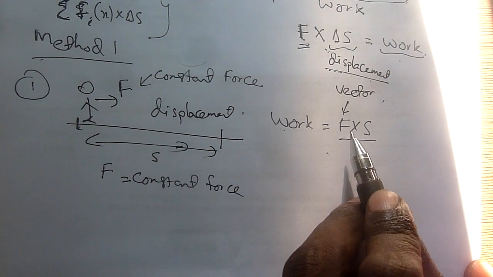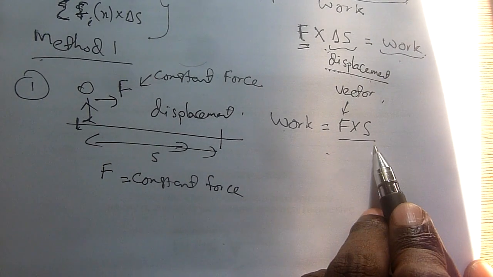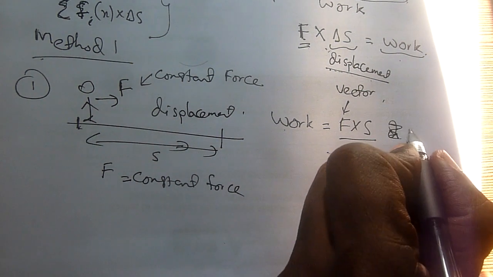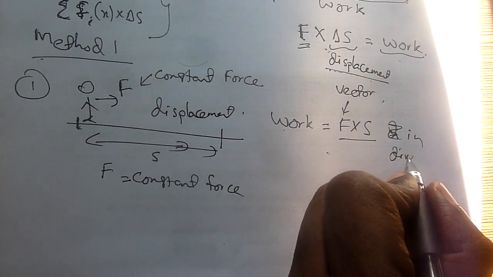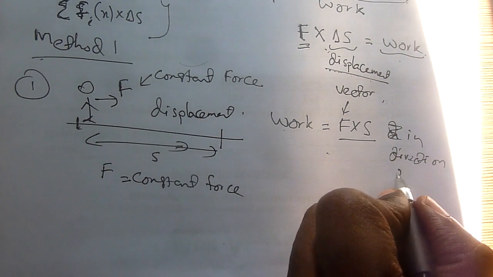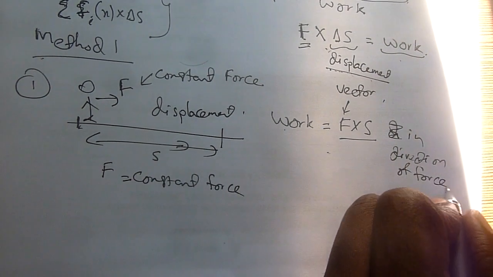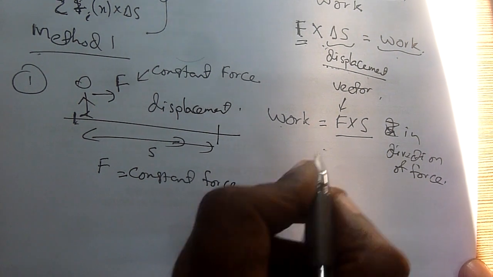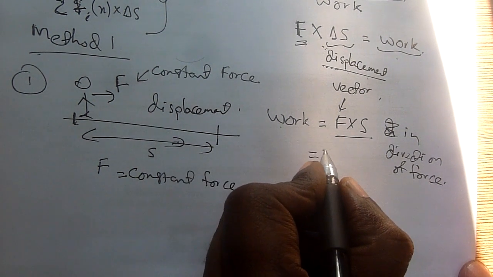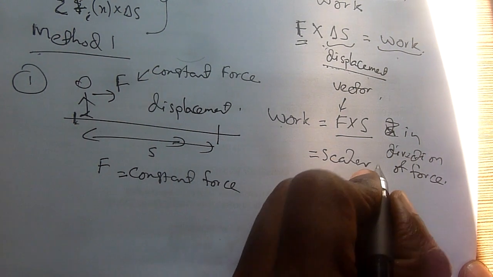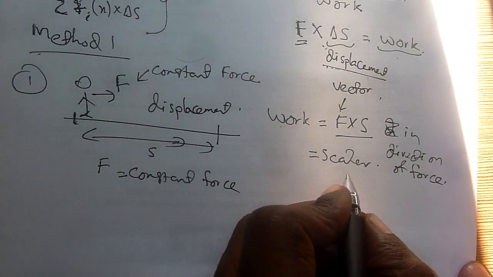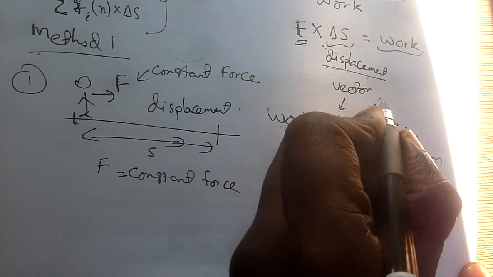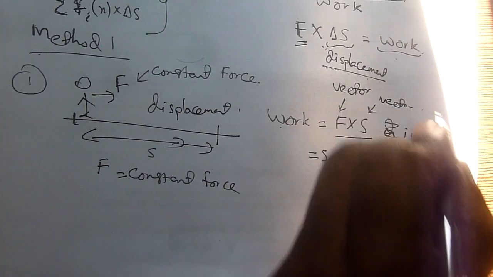Therefore we use F as a vector in the direction of force. Therefore you are able to calculate work. The work becomes a scalar. That means the vector is combined with another vector, the displacement.